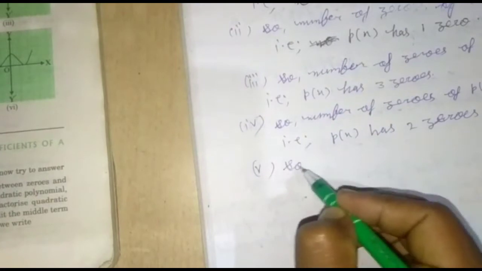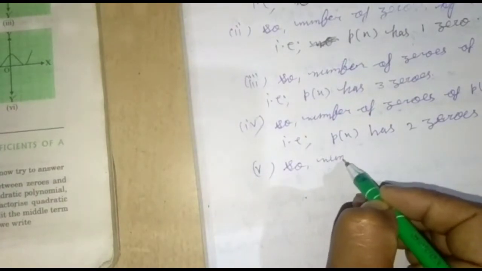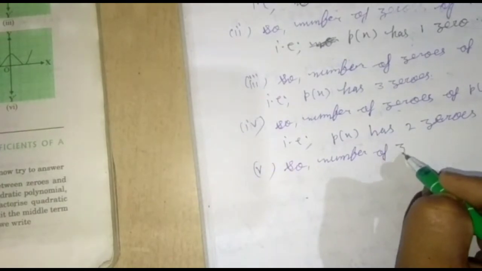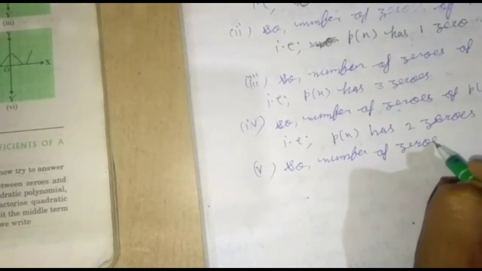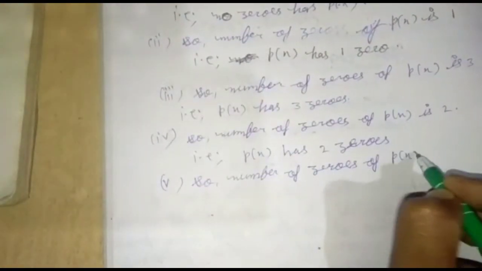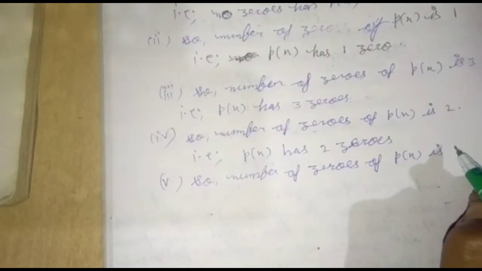So we write here, the number of zeros of p(x) is 4, that is, p(x) has 4 zeros.